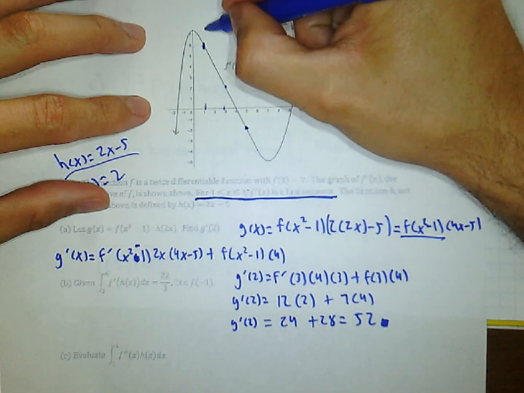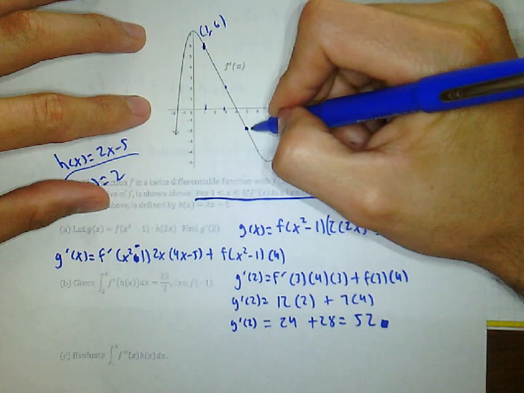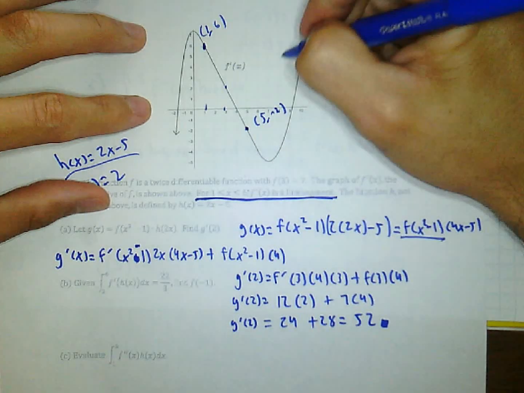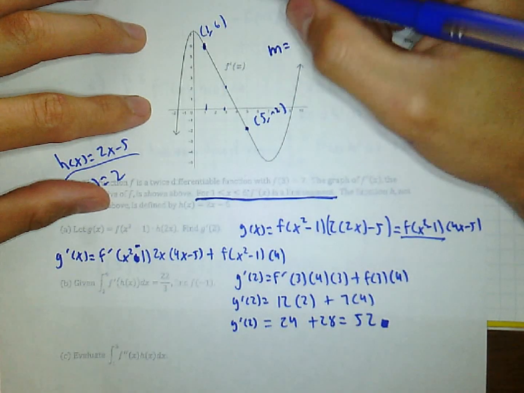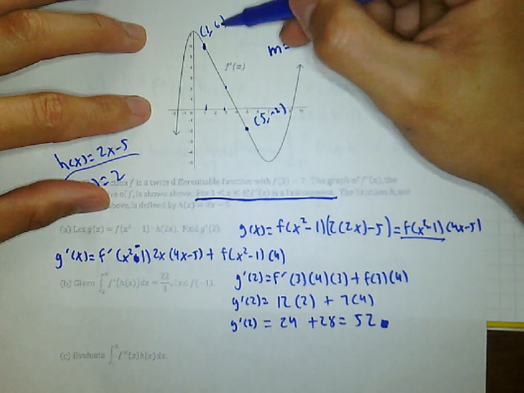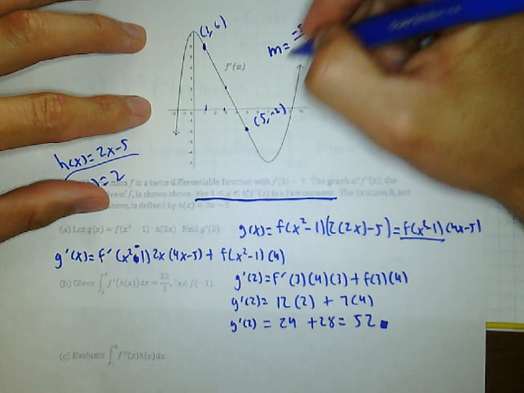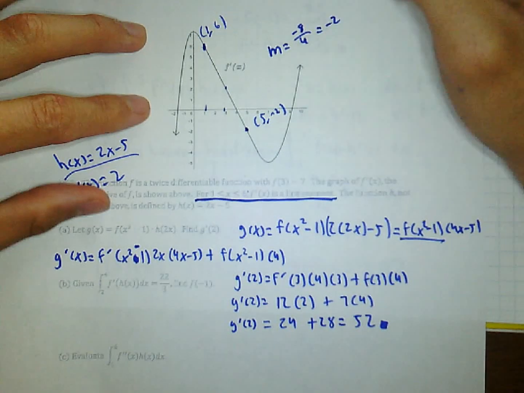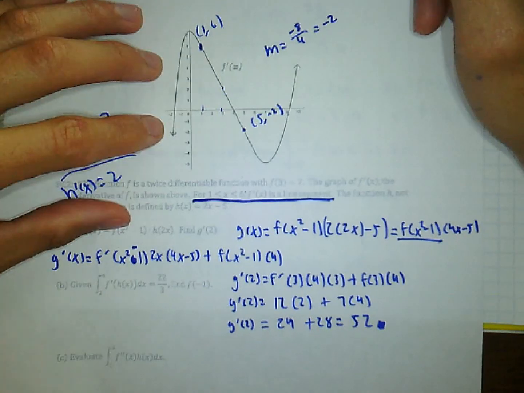So right now, this right here is the point (1, 6), and this right here is the point (5, negative 2), which means that if I find the slope, change in y, negative 2 minus 6 is negative 8, and then 5 minus 1 is 4, which is negative 2. Which means I can come up with an equation.